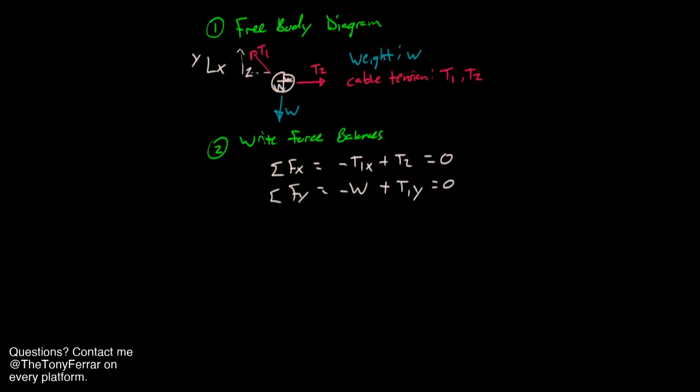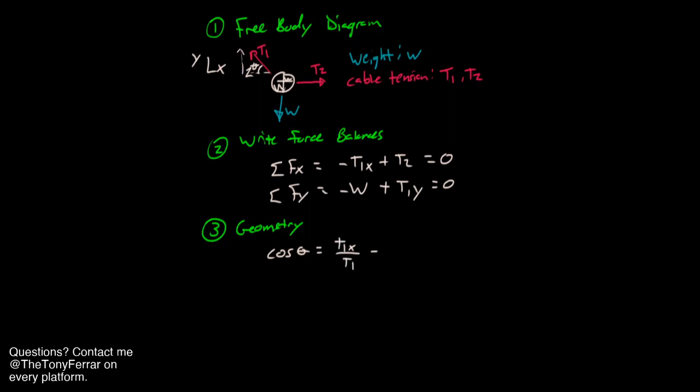The third step in solving any of these problems is to work out any geometry that you might need. So, for example, this T1 here acts at some angle theta. Let's pretend like we know that. Now we can use trig and we can start solving things. So, for example, in trig, we know that the cosine of an angle is equal to the adjacent over the hypotenuse, which in this case would be T1x divided by T1.